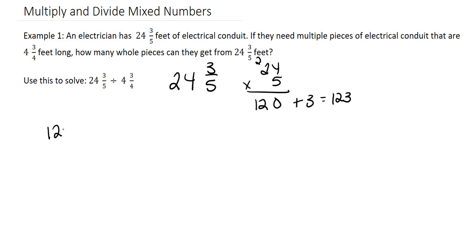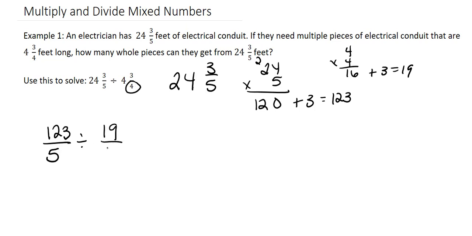So we have 123 over 5, divided by, so we have 4 times 4. Well, that's 16, plus 3, so that's 19. And we're going to keep that denominator. So we have 19 over 4.